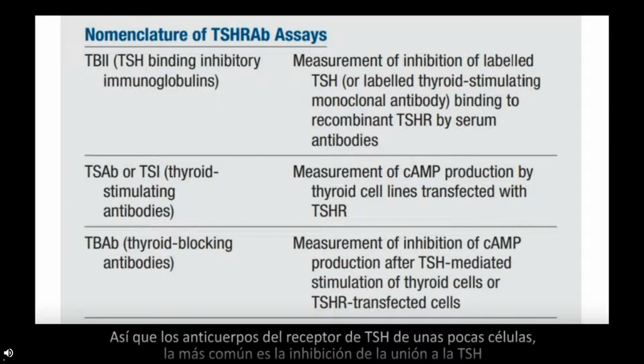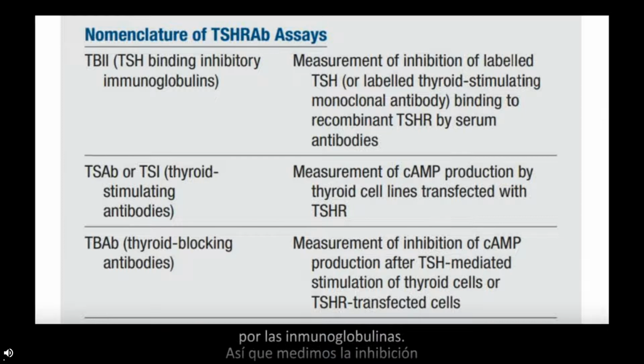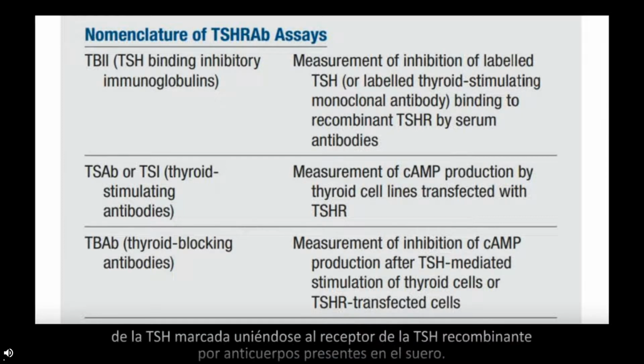So the TSH receptor antibodies are of a few sorts. The most common is the inhibition of TSH binding by the immunoglobulins. So we measure the inhibition of labeled TSH binding to recombinant TSH receptor by antibodies present in the serum.